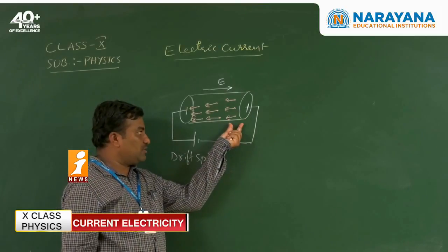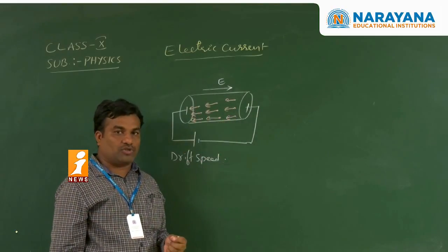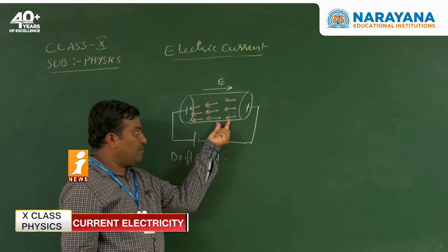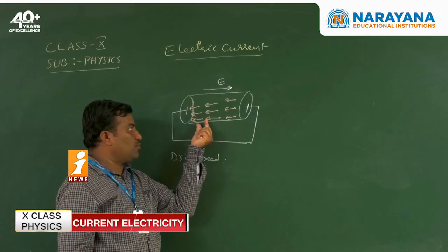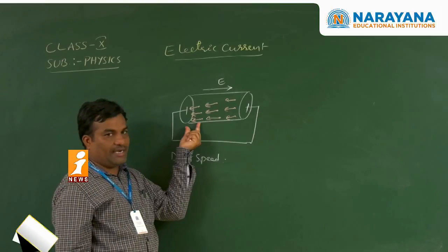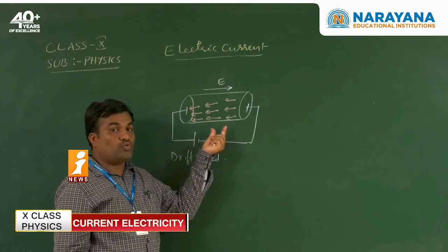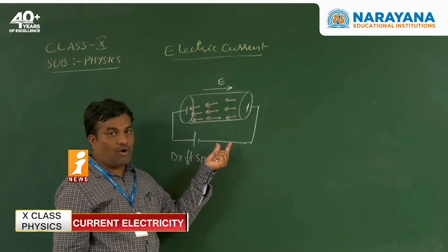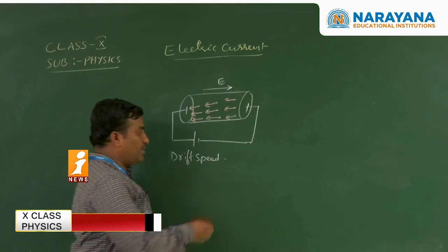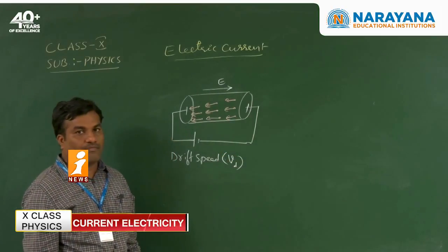Due to the electric field, the electrons collide with the lattice positive ions, lose energy, and are accelerated by the applied electric field, then collide with another lattice ion, and finally reach the second end. The average speed between two successive collisions of electrons and positive ions is called the drift speed. The drift speed is indicated by Vd.